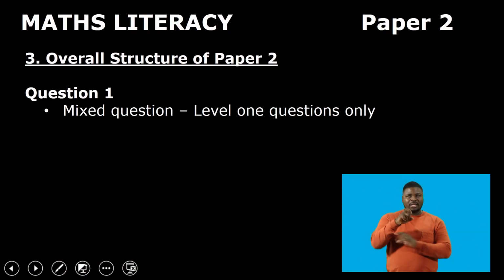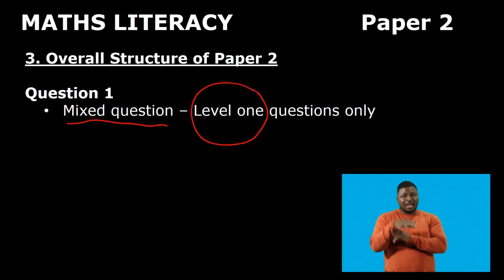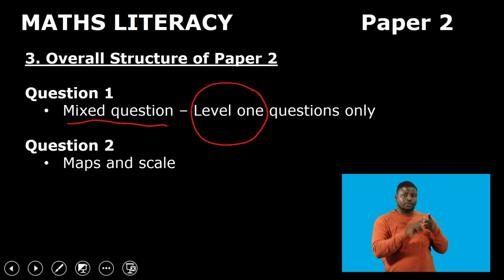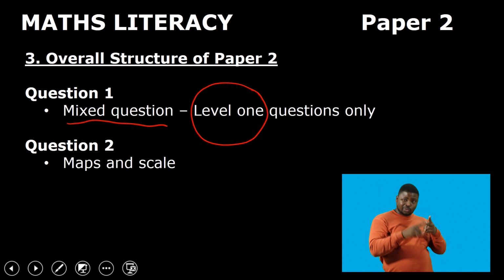Now, the overall structure of Paper 2 will be as follows. Question 1 is mixed questions, where it's only level 1 questions. Now, remember, level 1 questions is general knowledge and easy answers, easy calculations. Then, question 2 will be maps and scale, and this question will be dedicated to maps and scale.